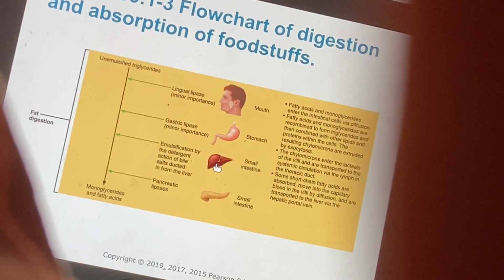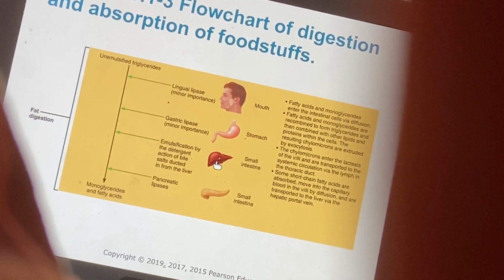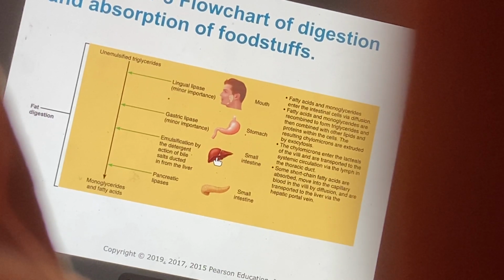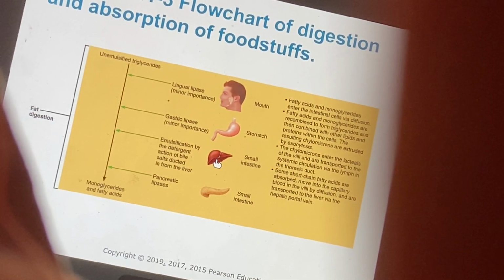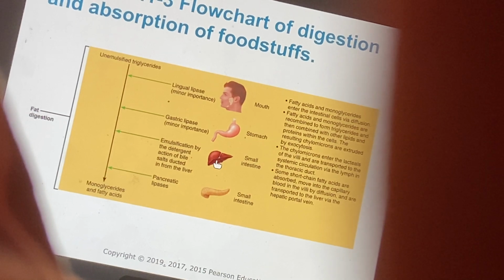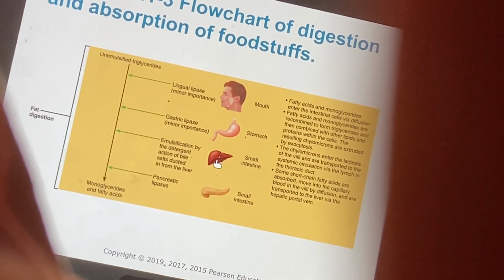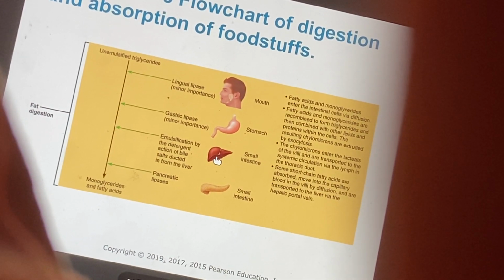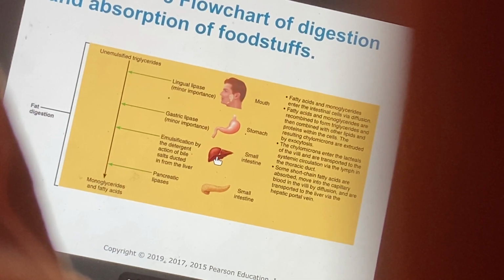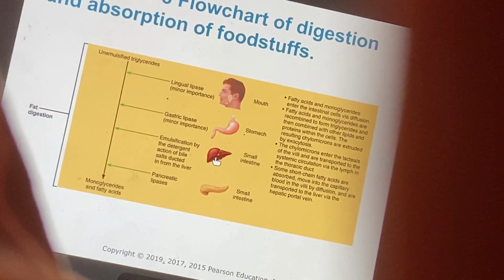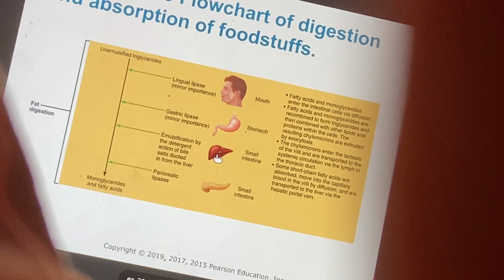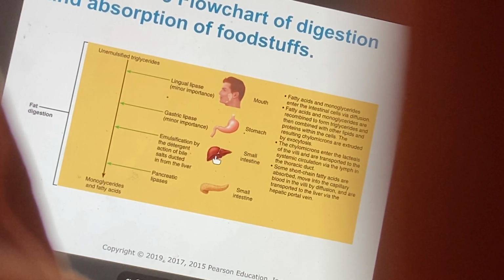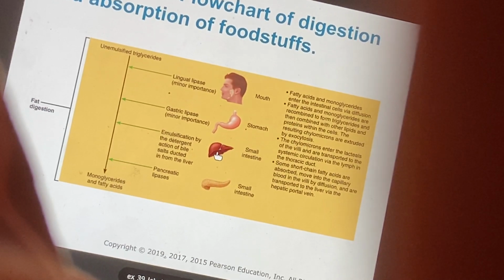So the bile is stored in the gallbladder. Let's say, for example, you ate too much fat, okay? There is a signal, a hormone that will make the gallbladder contract so that it will release more bile if we need it.